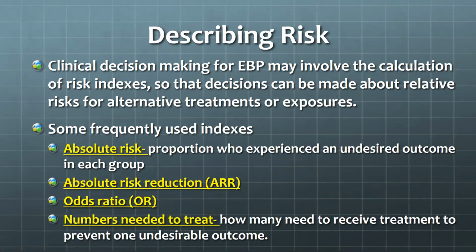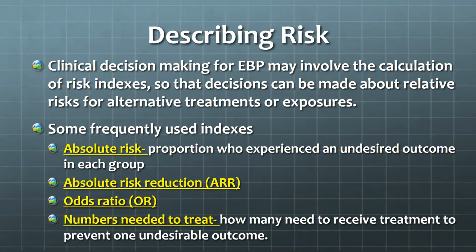It can be reported as absolute risk, which is the proportion of people who experience an undesirable outcome in each group. Or it could be absolute risk reduction. If you wanted to look at the same issue with a positive slant, you would look for risk reduction.